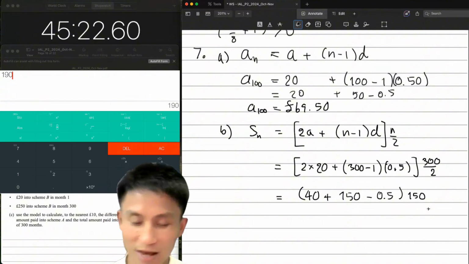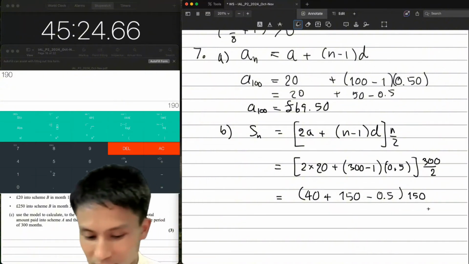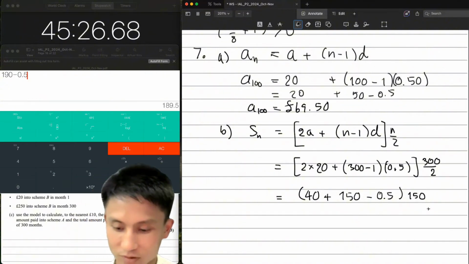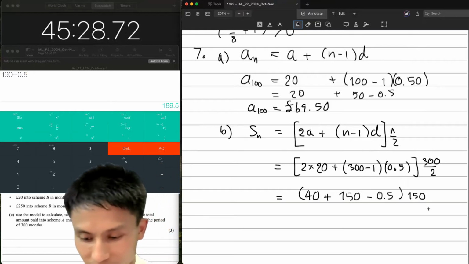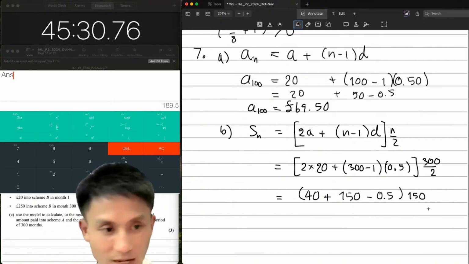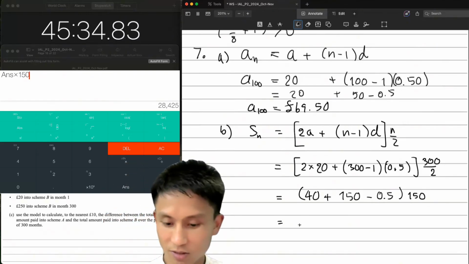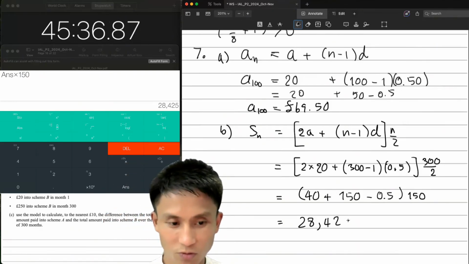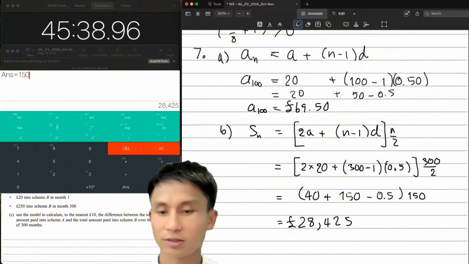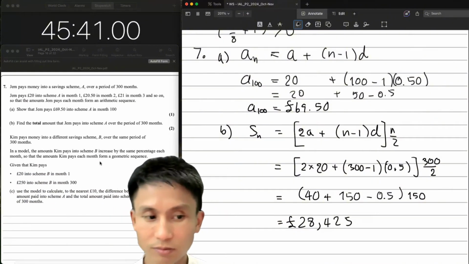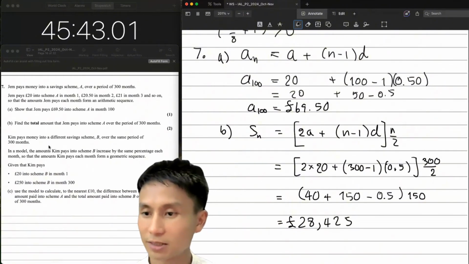So in the brackets, I have 190 minus 0.5. Okay, so that's that. Then answer times 150. Yeah, so that is 28425 pounds. All right, I think I'm happy with that.